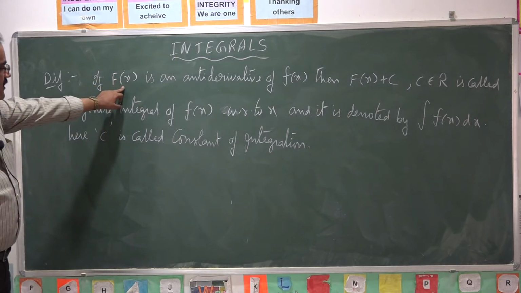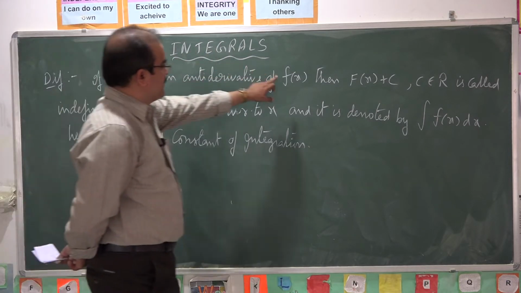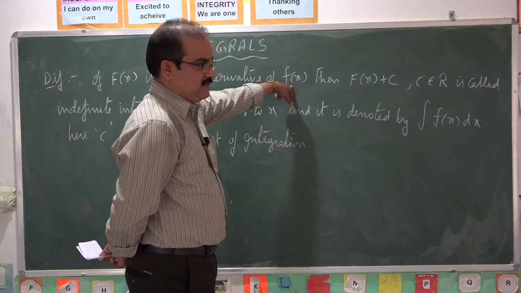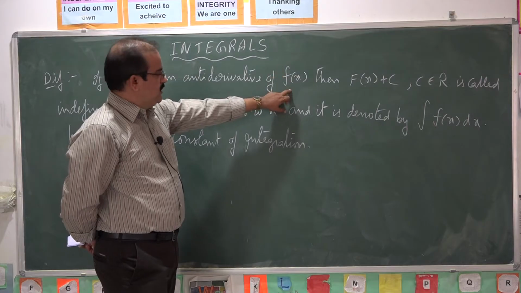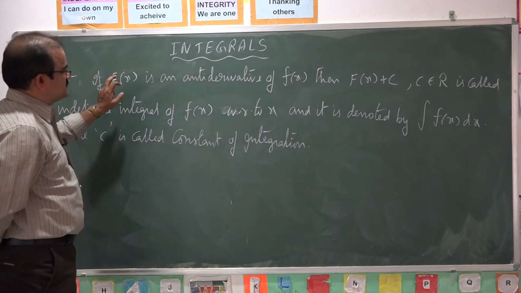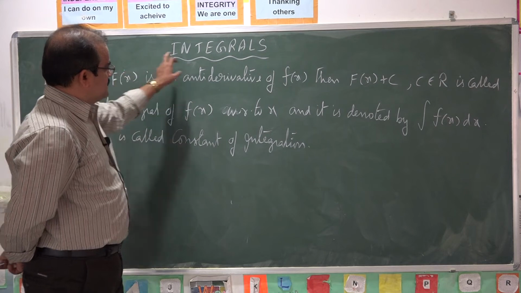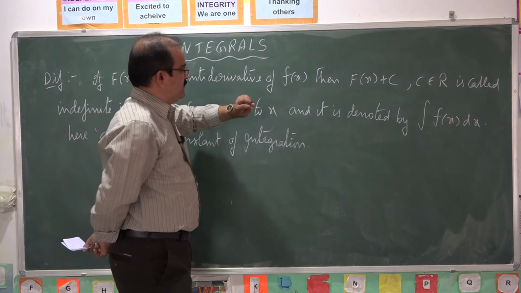If capital F of x is an antiderivative of small f of x, that means d by dx of capital F of x is small f of x.